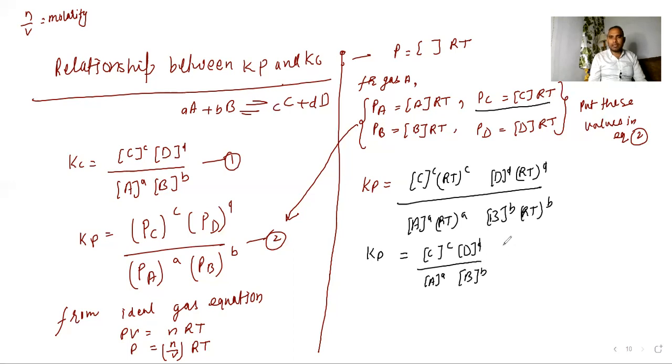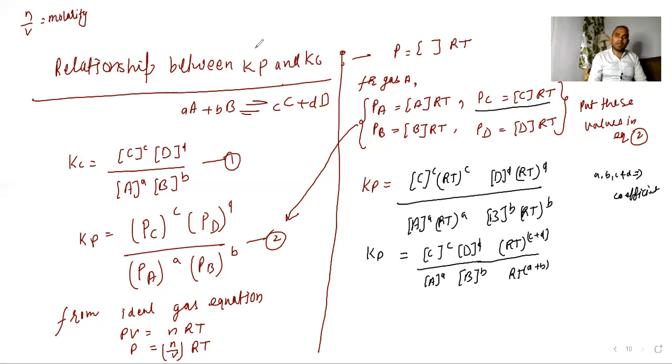And here RT to the power c plus d in the numerator, and RT to the power a plus b in the denominator. Now solve. These a, b, c and d are the coefficients.